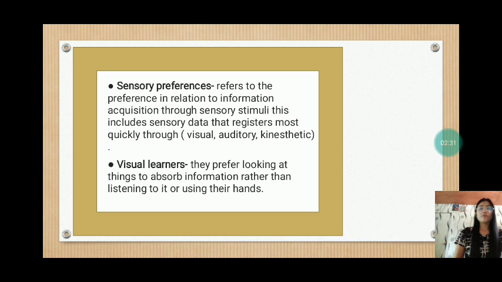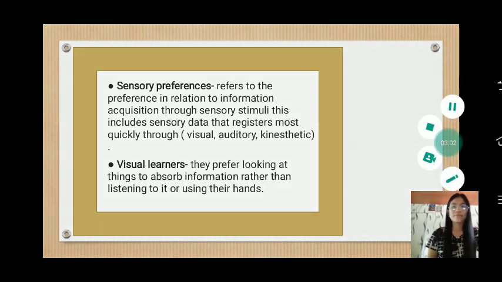For example, a visual learner can fix a car better if they watch an instructional video rather than listening to an expert, which is true because sometimes we can absorb the information easily if we see how they process that certain thing. A visual learner would learn by reading, watching videos, or seeing pictures, so they understand and remember things by sight.